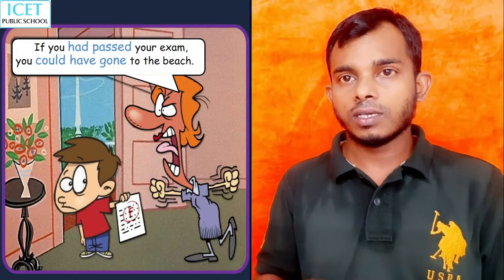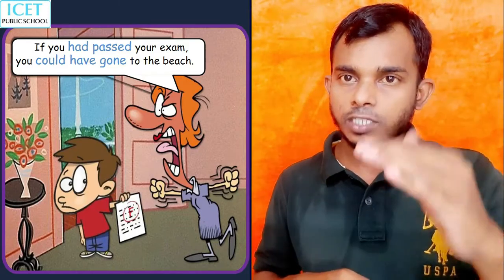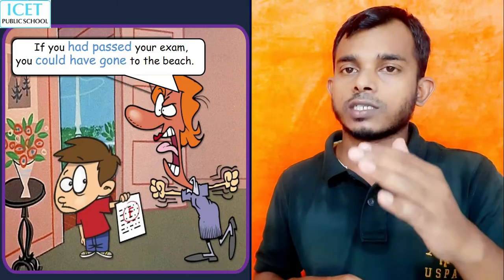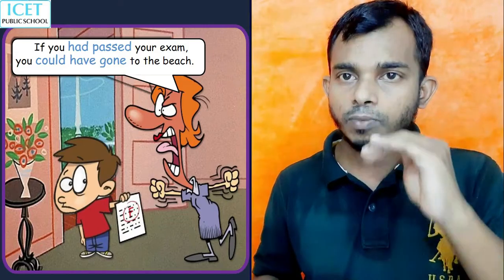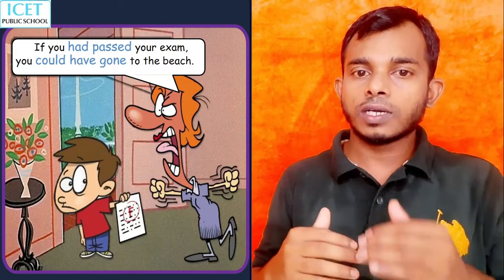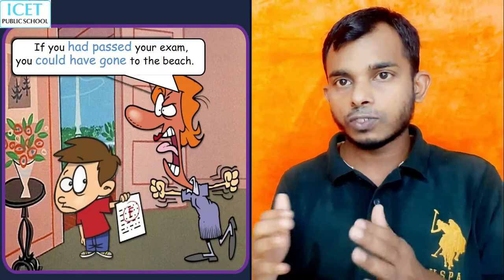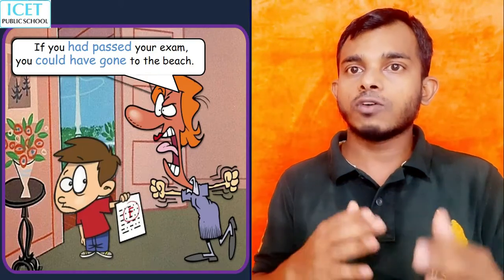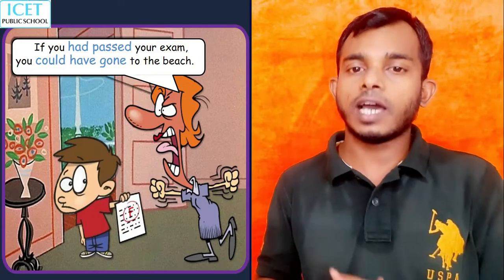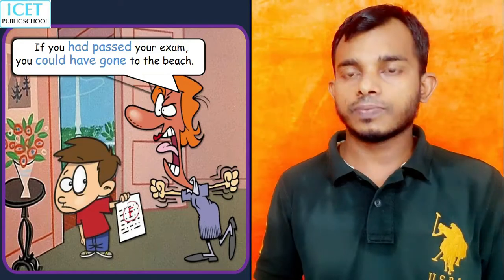You got it? If clause will be written in past perfect. You had passed the exam is the example for past perfect tense, and you can have gone is the future perfect tense, but we made the auxiliary into past form. You could have gone to the beach.